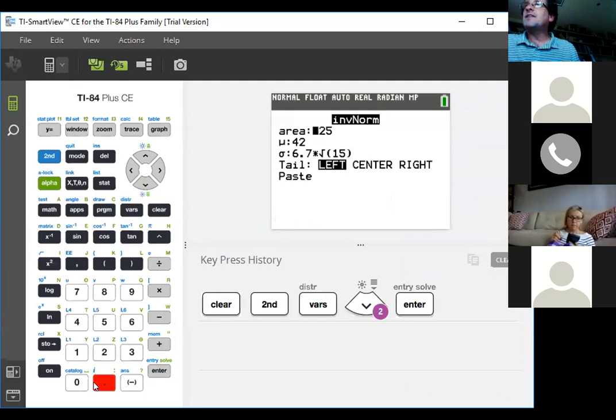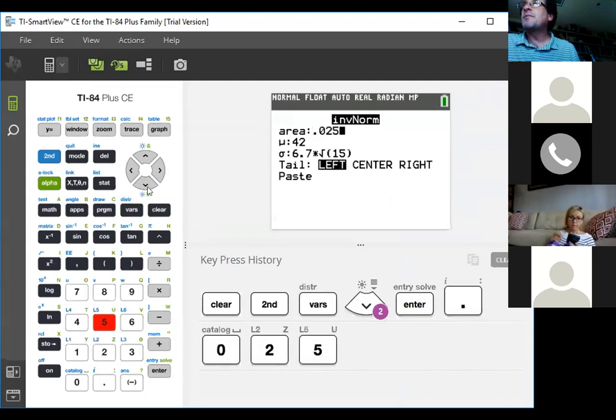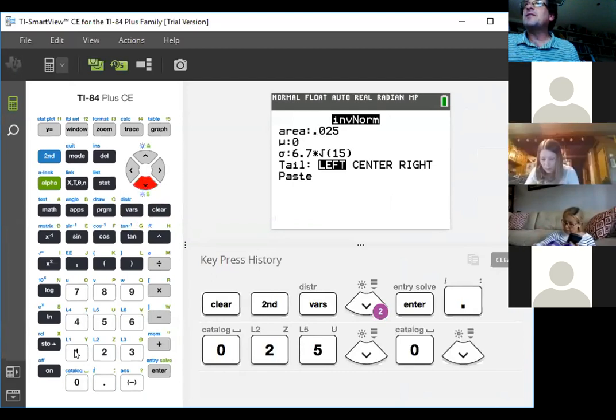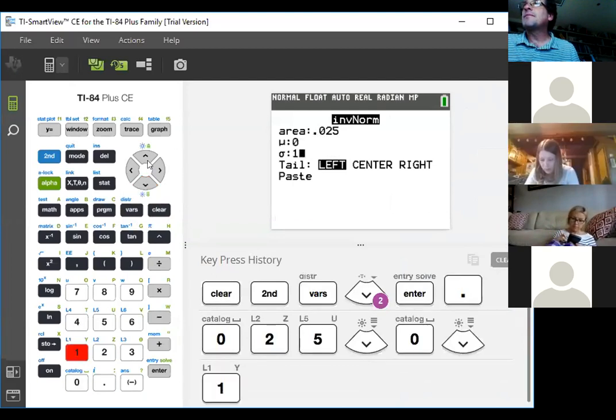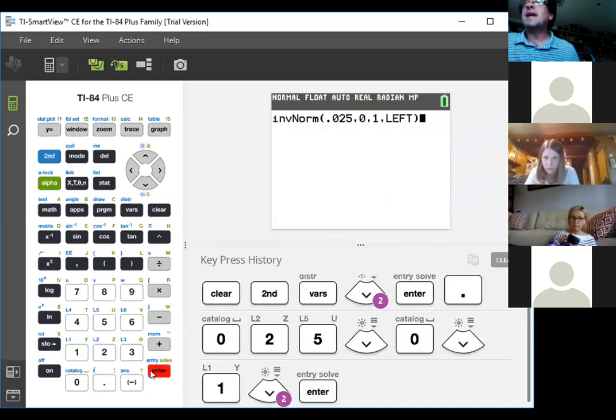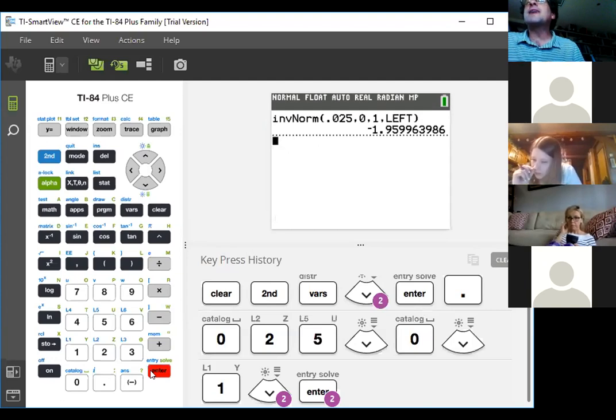So the area is 0.025, the mean is 0, the standard deviation is 1. We hit paste and enter. The negative doesn't really matter because we're squaring it. Notice 1.96 is a very good approximation with that 9.9. So 1.96. Any questions on that?